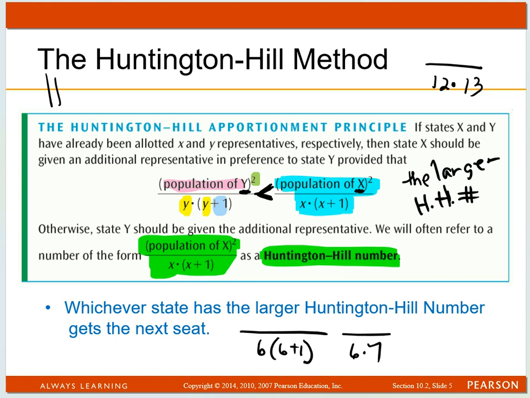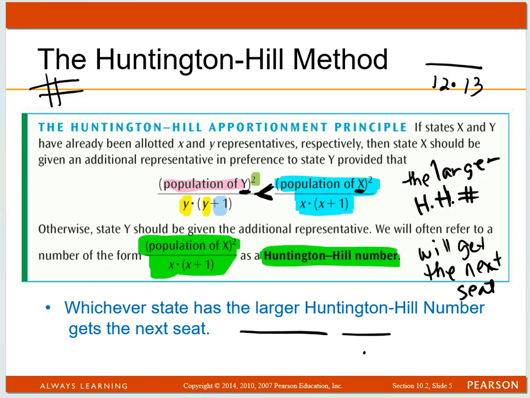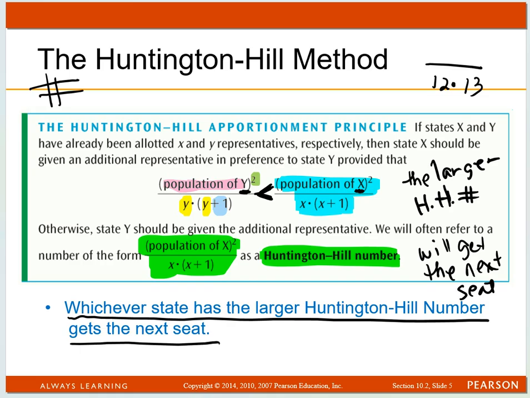But this guy right here, I use that to represent number. So HH number, Huntington Hill number. The larger Huntington Hill number will get the next seat. Okay? This is when you're going to add an extra number. And I just realized I wrote that down here, so I really didn't need to write all that. Whichever state has the larger Huntington Hill number gets the next seat.